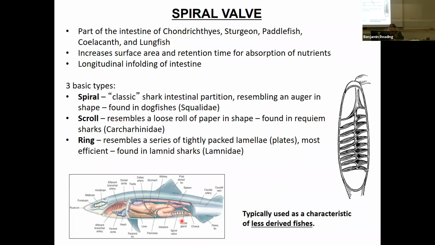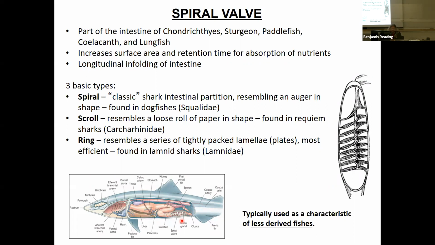With that, I've got one more slide here on some interesting digestive adaptations, and then I've got a story. So here is a spiral valve. Now, I told you in the taxonomy portion of the lecture that certain fish species had spiral valves. For instance, a lot of the chondrichthyan fishes have these. Also, some of the less derived ray finned fishes have these.